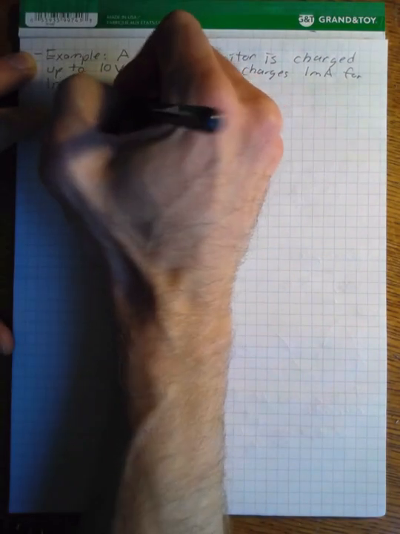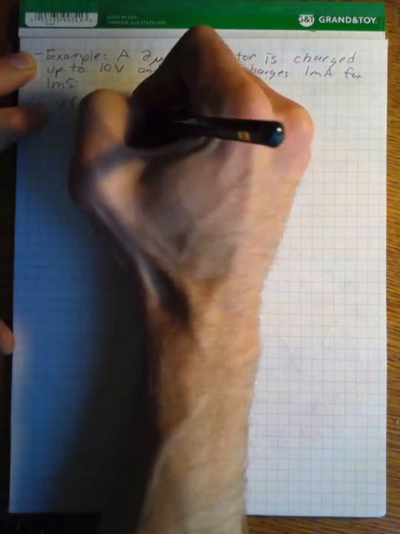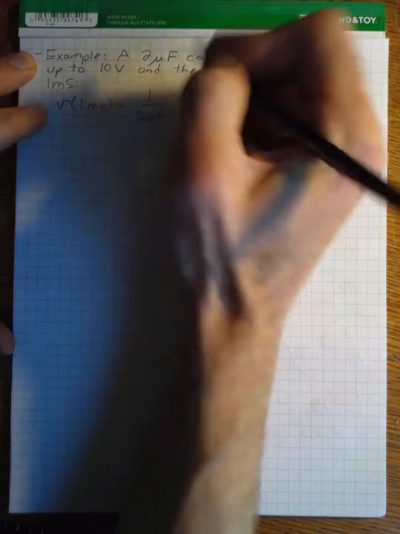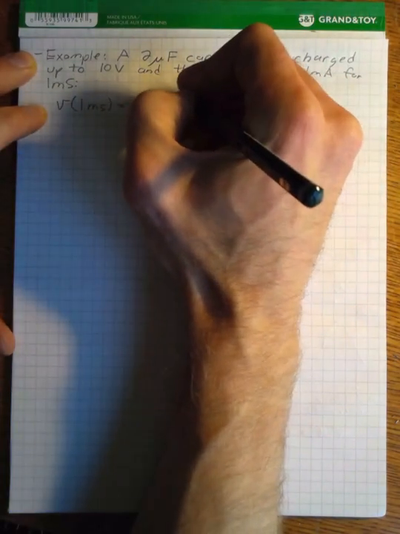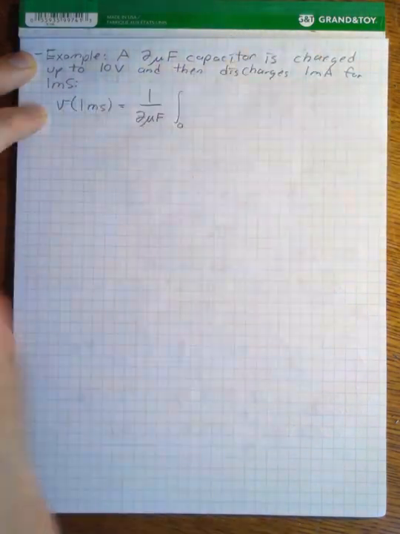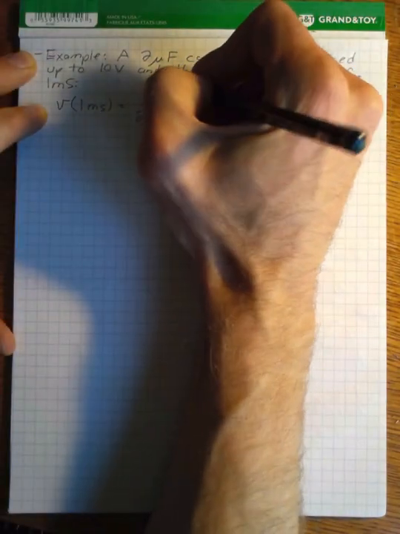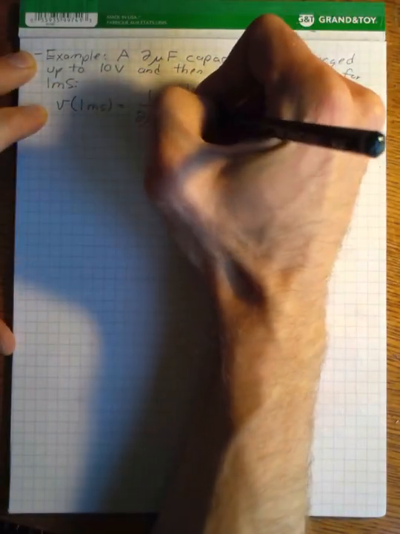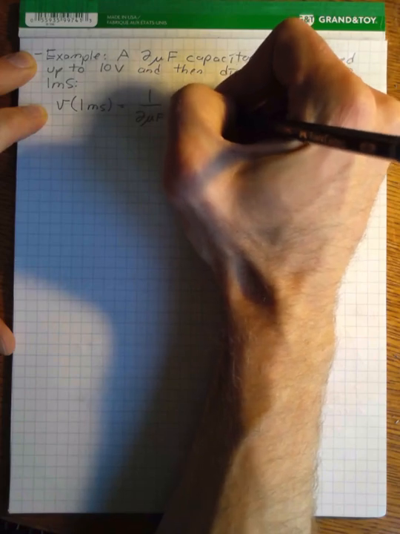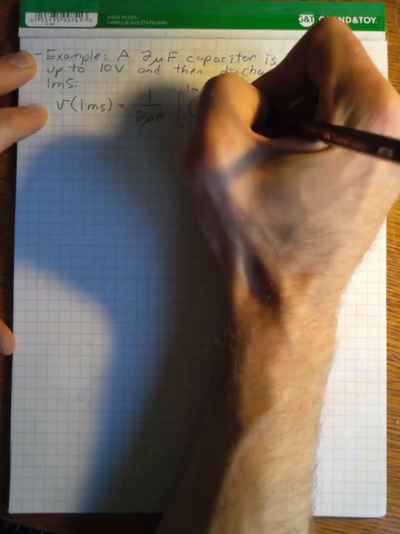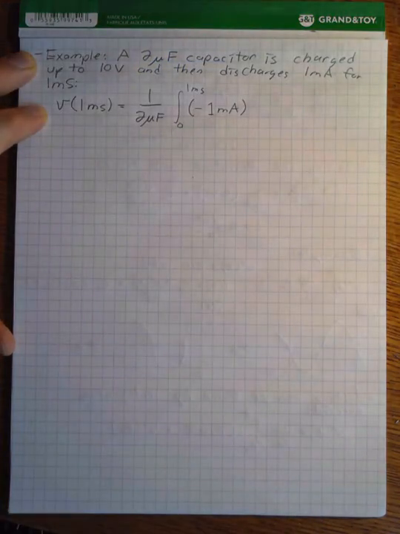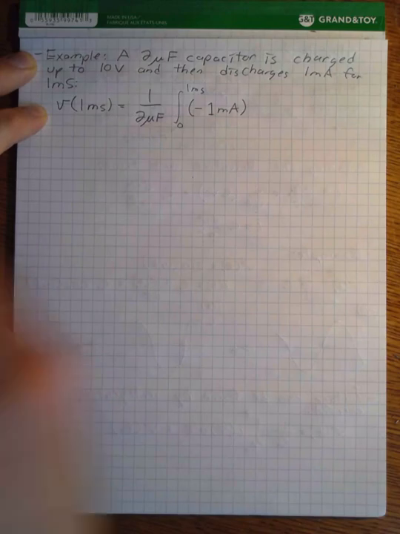And so we have 1 over 2 microfarads. We integrate from time 0 to time 1 millisecond. We have negative 1 milliamp of current. It's negative because the capacitor is discharging rather than charging.